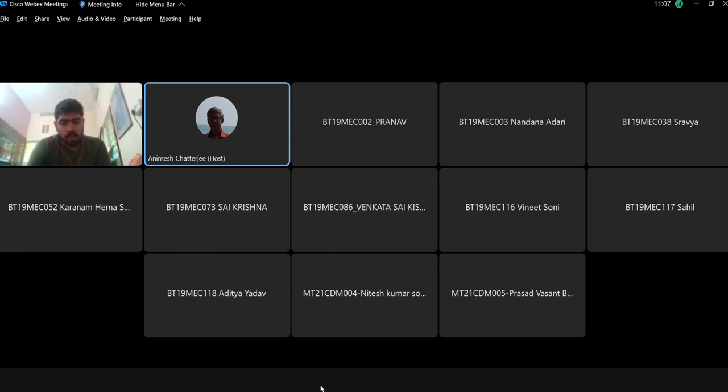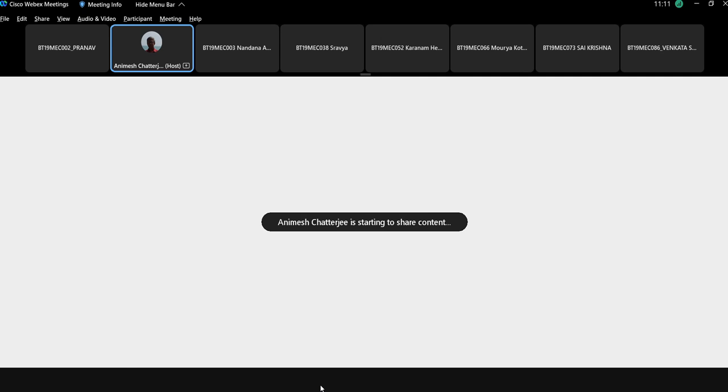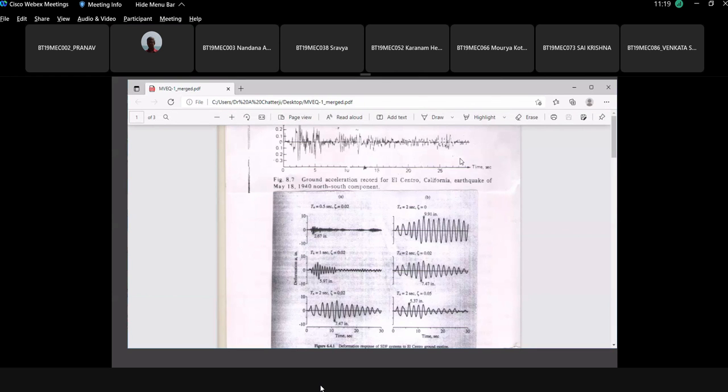Let me directly go to the PPT. Now, see, this top figure is the picture you have already seen. That is the El Centro ground acceleration along north-south.